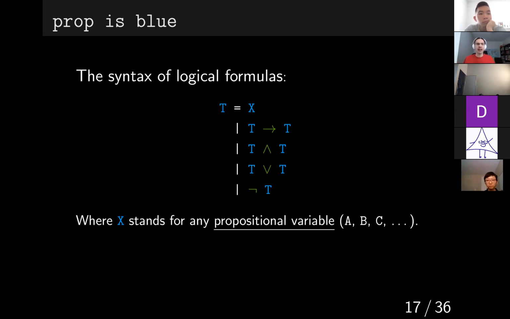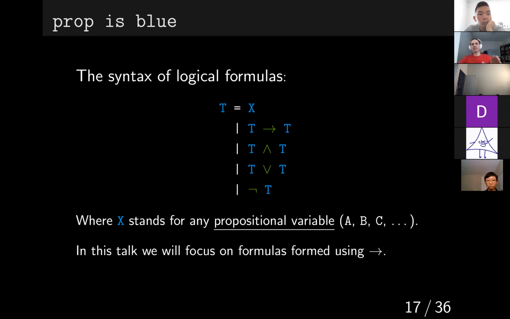For example, you can have the formula A or not A. That's the law of excluded middle. And we sort of have an idea of what that means. These are the syntax of logical formulas. Mathematicians have logical formulas as well. So this grammar is not distinctly a part of type theory. It's also a part of classical mathematics. Yeah. Thank you. No worries.